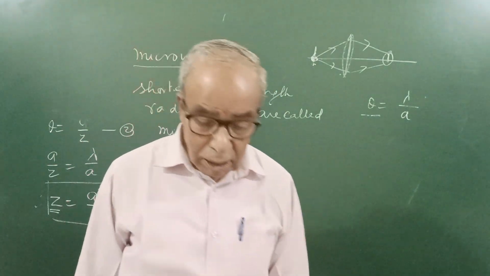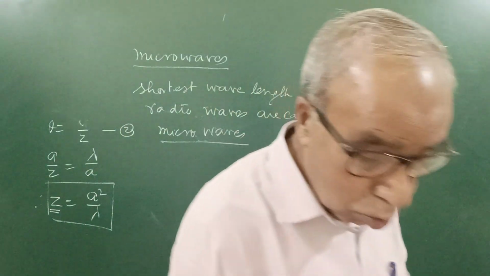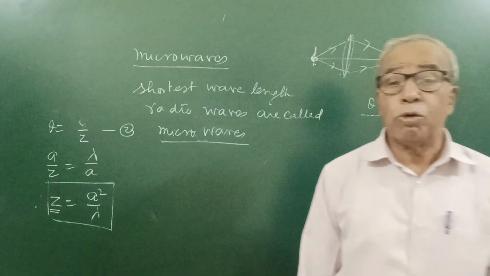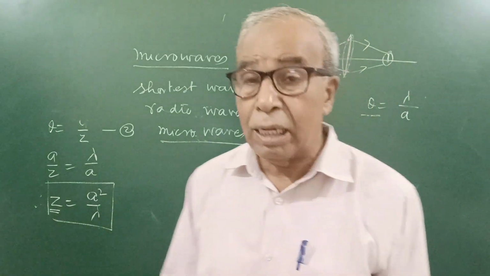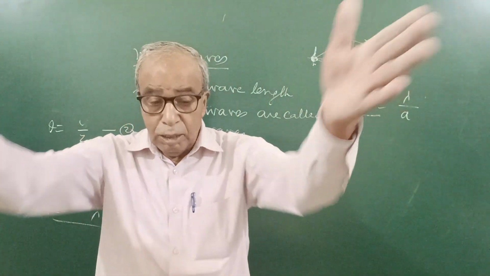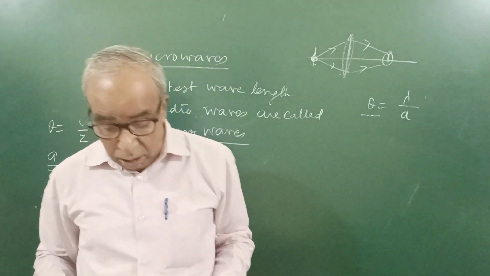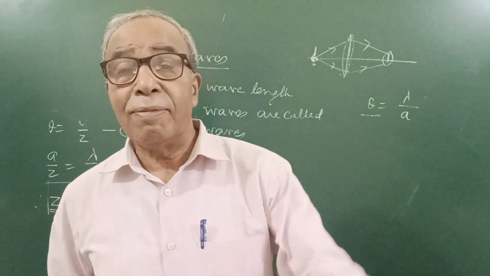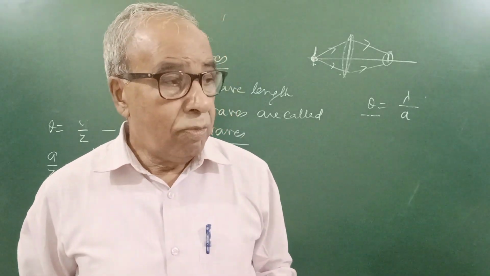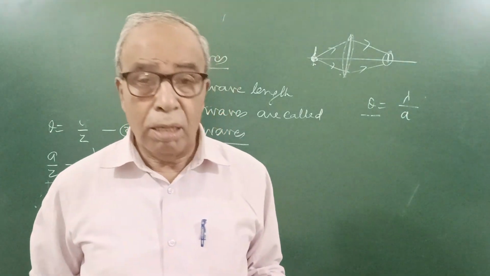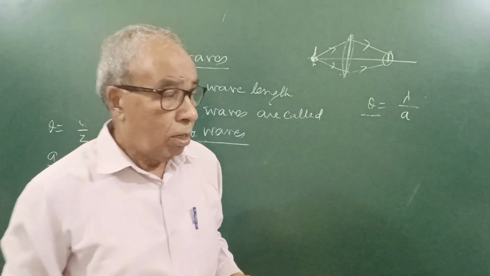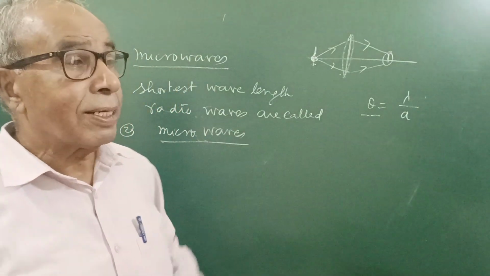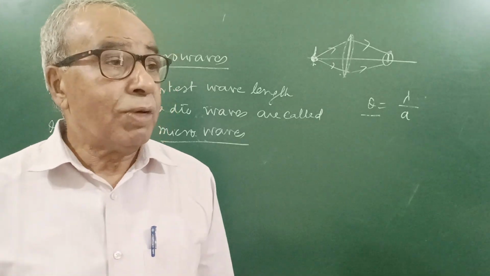So you can answer the question asked: why do we use short microwaves in radar? Because microwaves can travel a long distance without significant bending. So we can check the direct distance of the object in the sky moving towards us, and the Doppler effect also gives us the speed.